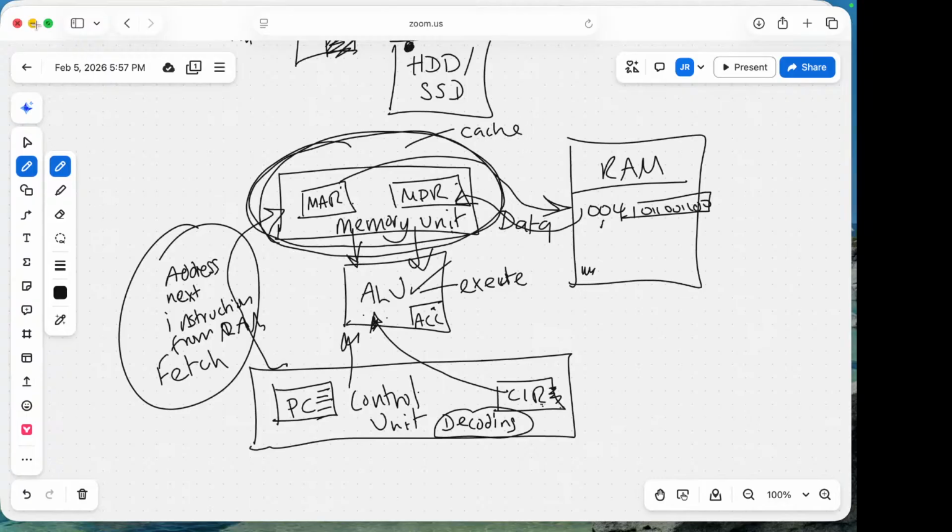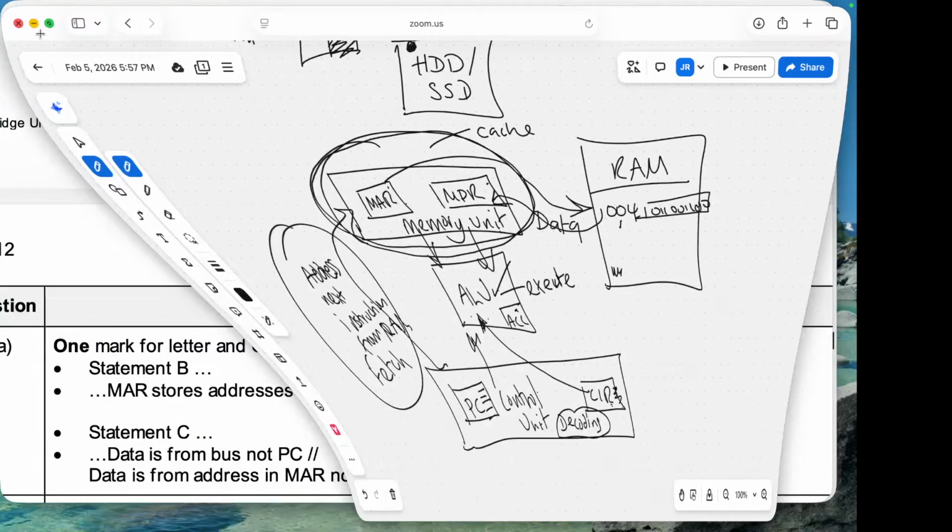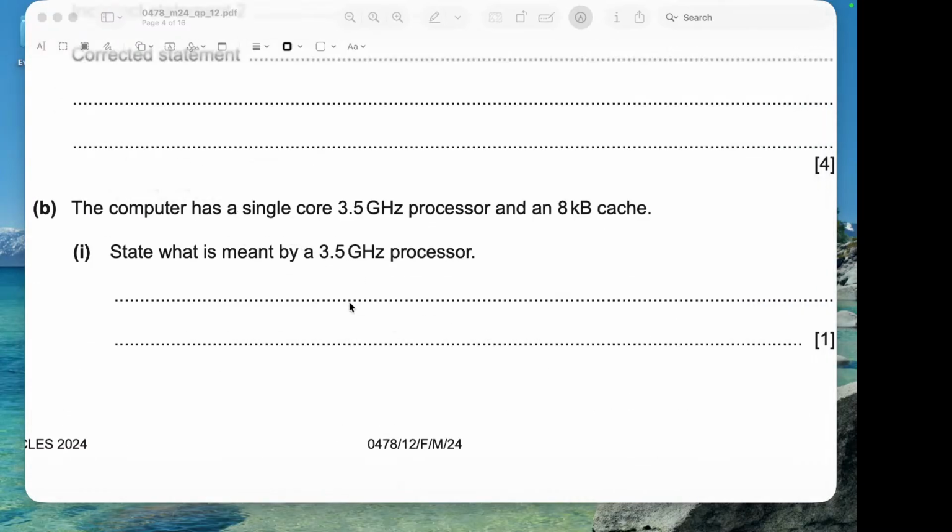Anyway, we don't call it cache though if we're looking at it in this way. So state what is meant by a 3.5 gigahertz processor. And really they're kind of thinking about how many times it can process data per second, or how many fetch execute cycles it can do per second. That's what they're looking at.